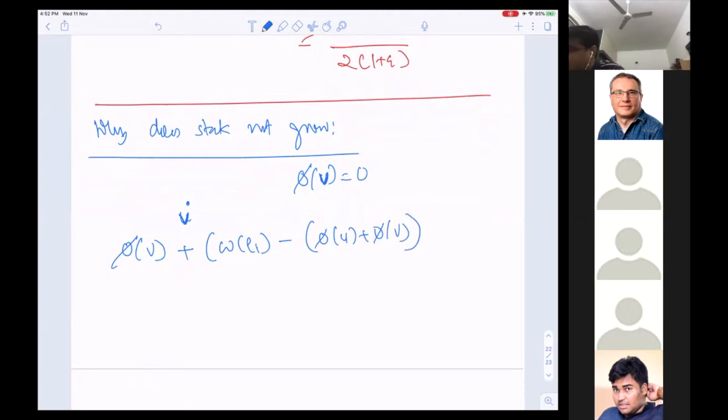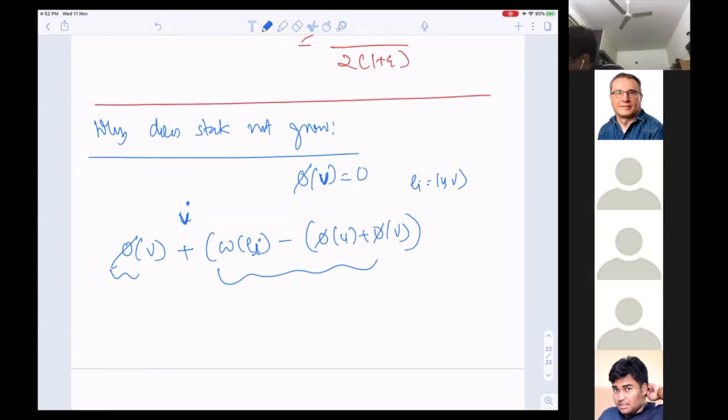This is a change, right? So phi V in each iteration changes by this: in phi V we add some weight of e_i, where say e_i equals u comma v. So this is how phi changes when you add a new edge.